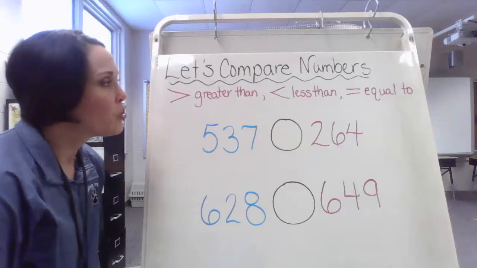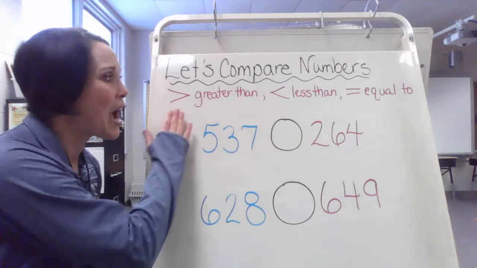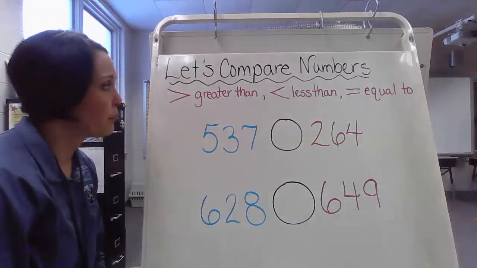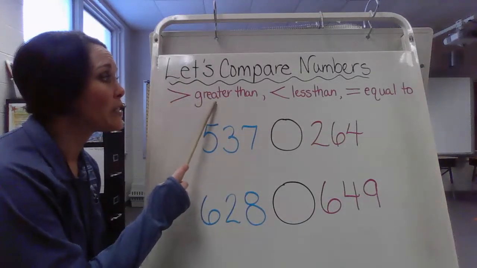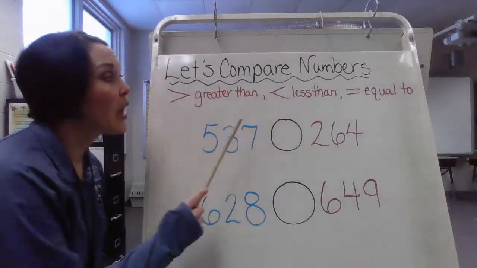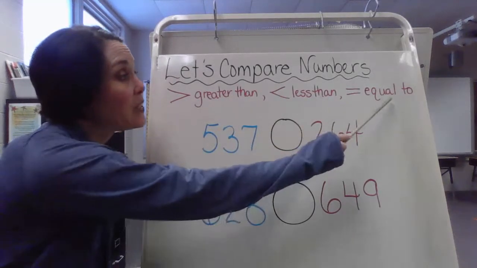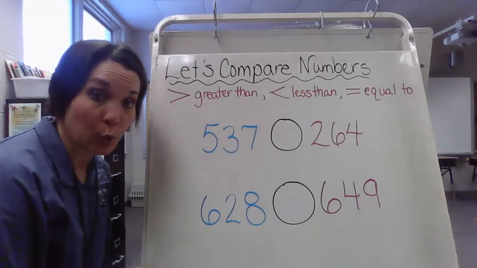Now I have to put the correct symbol in there. Let's look at our symbols. I have this symbol, which says greater than. I have this symbol, which says less than. And I have this symbol, which says equal to.